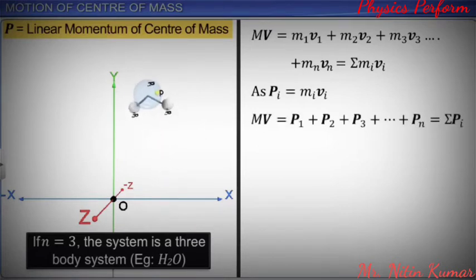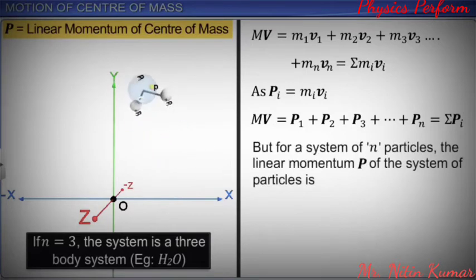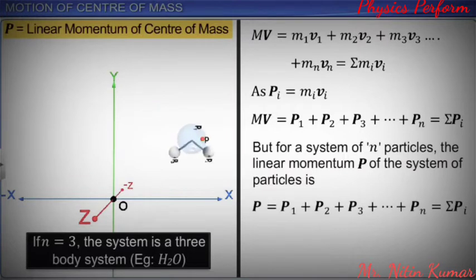So mv is equal to p1 plus p2 plus p3, and so on, plus pn, which is equal to sigma pi. But for a system of n particles, the linear momentum P of the system of particles is P is equal to p1 plus p2 plus p3, and so on, plus pn, which is equal to sigma pi. Hence, P is equal to mv. Let this be equation 4.